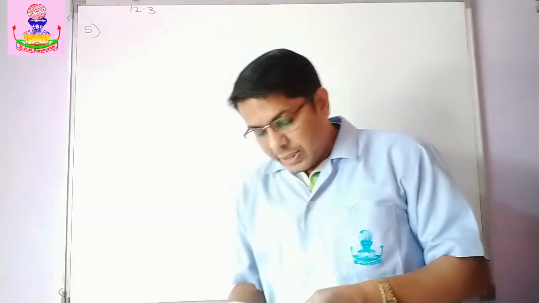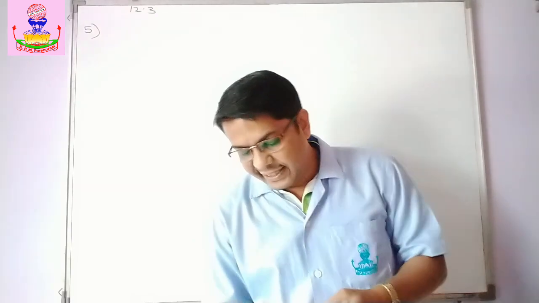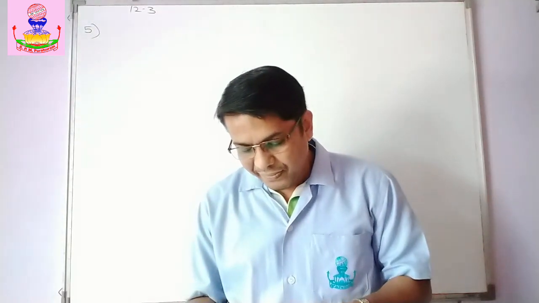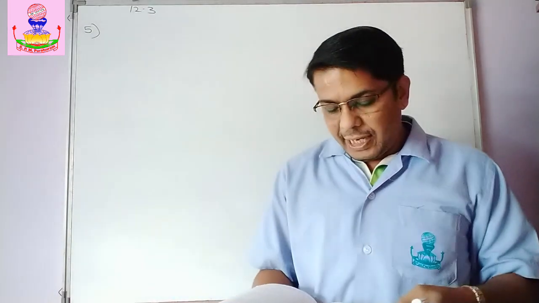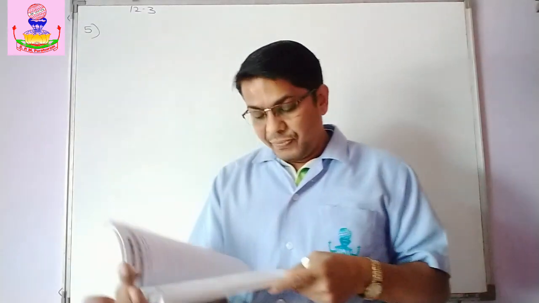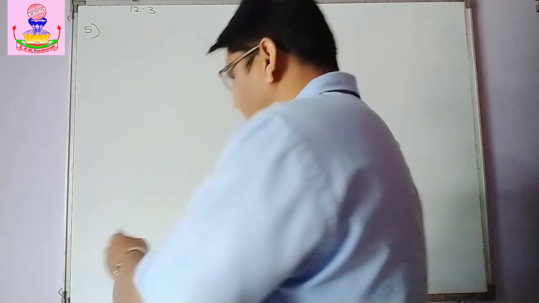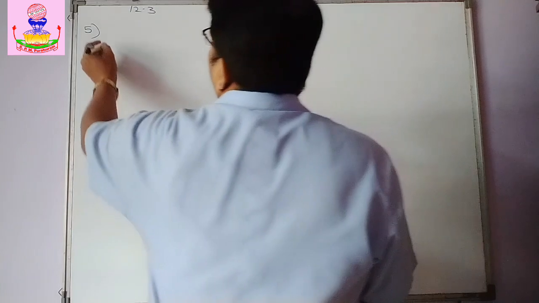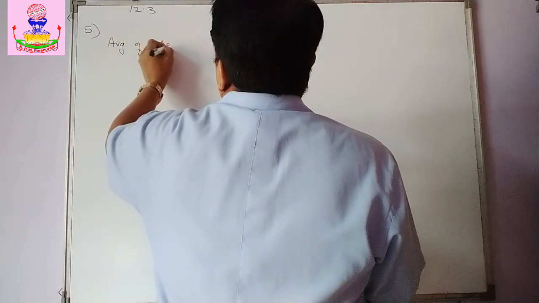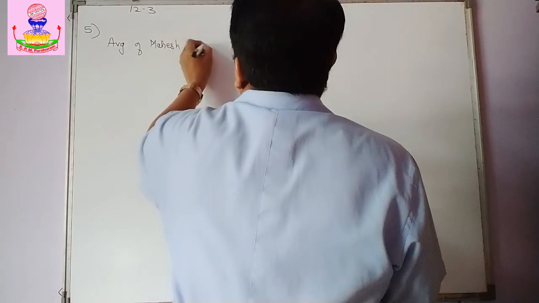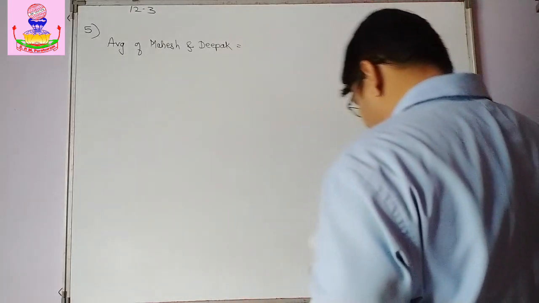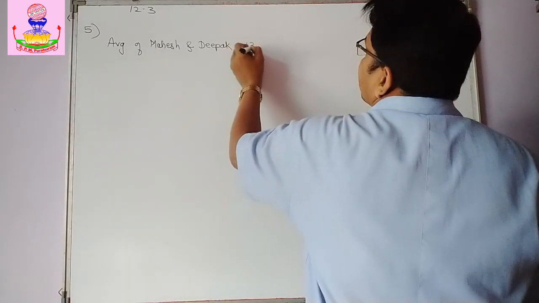Now fifth example. The average of Mahesh and Deepak is 13 years and that of Deepak and Aarti is 20 years. If the sum of ages of Aarti and Mahesh is 36, then what is Aarti's age? Now see, the average of Mahesh and Deepak is 13 years.